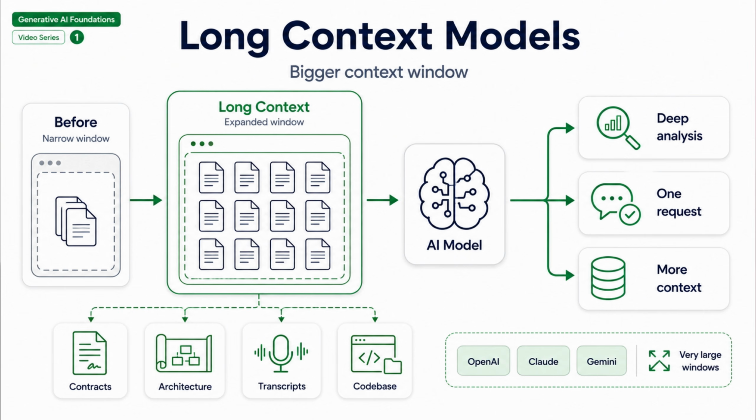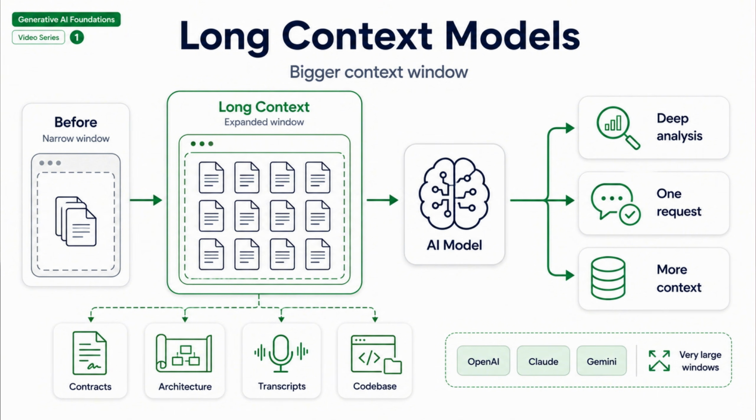Now, this becomes useful when working with a large contract, architectural documents, meeting transcripts, or massive code repositories, because much more information can fit into one request without immediately needing chunking or retrieval. So instead of splitting everything into many smaller sections, the model can sometimes analyze a very large amount of information together in one interaction, which can make deep analysis more natural in certain scenarios.